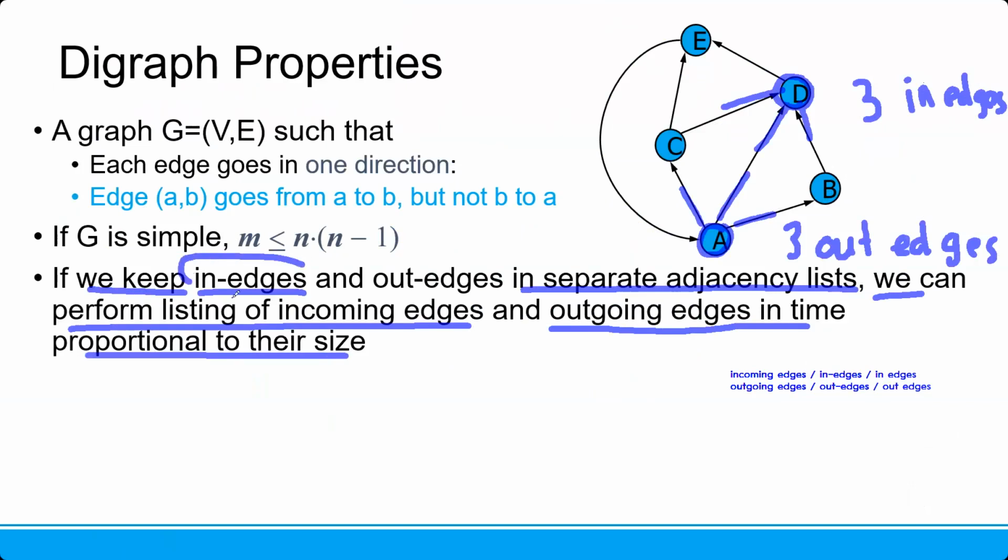So if we put one in one adjacency list and the other in another adjacency list, then the listing time will be proportional to the number of edges, so it will be O(m).